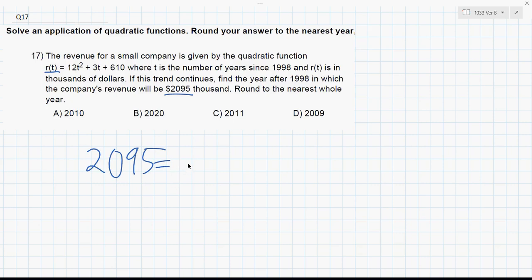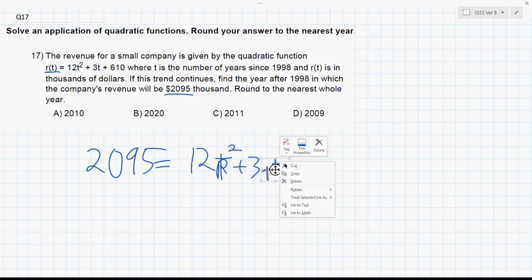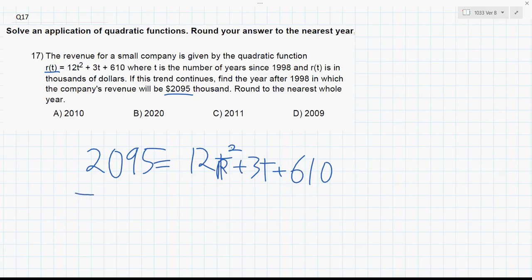2095 equals 12t squared plus 3t plus 610. We're going to have to subtract our money value from both sides.